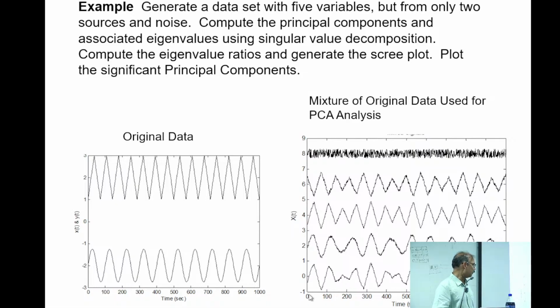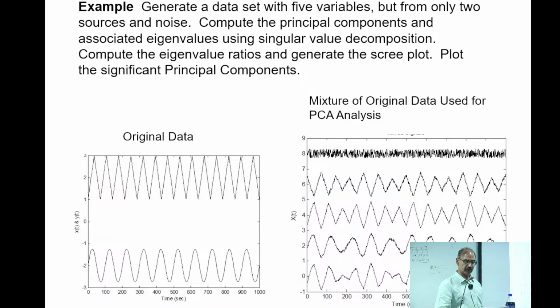You have 5 signals and there are 1,000 time points, right? So the assumption we are making is that the number of sources is much less than 5, right?